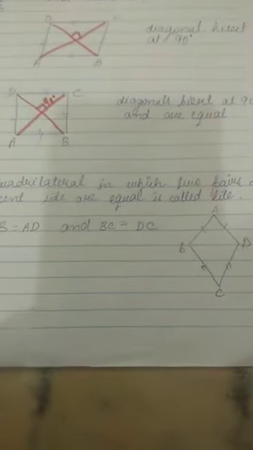The last part is the kite. We'll just go through the last quadrilateral, that is the kite. You must have seen a kite of this shape. A kite is always of this shape. So it is again a quadrilateral because it is a four-sided figure. It is a quadrilateral in which two pairs of adjacent sides are equal.